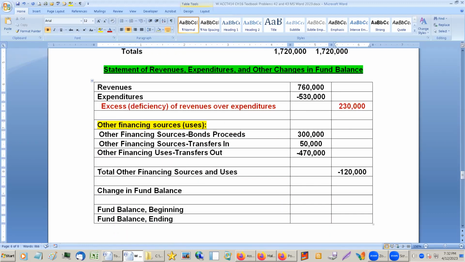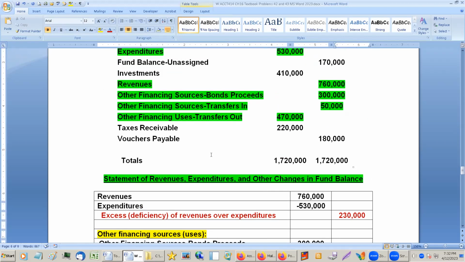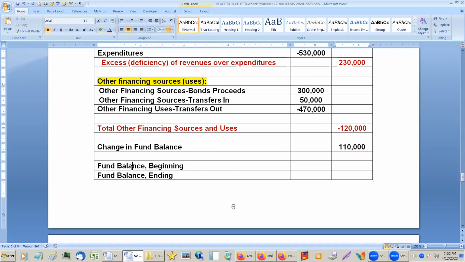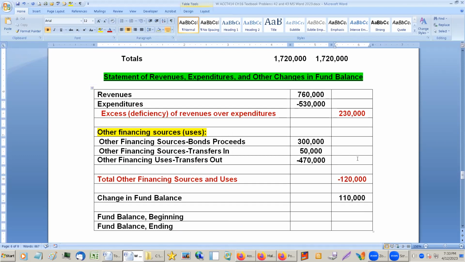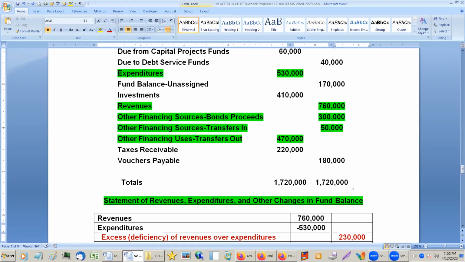Okay, so this will be our change in fund balance. 230 minus 120. $110. The beginning fund balance is kind of like beginning retained earnings, but this is fund balance.